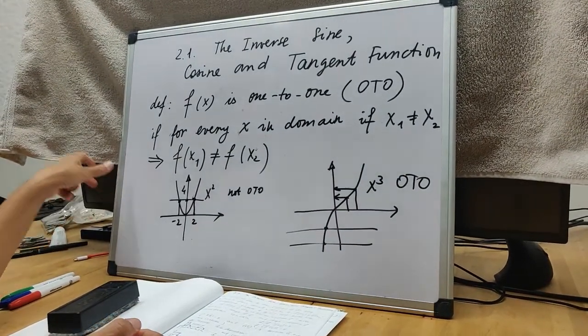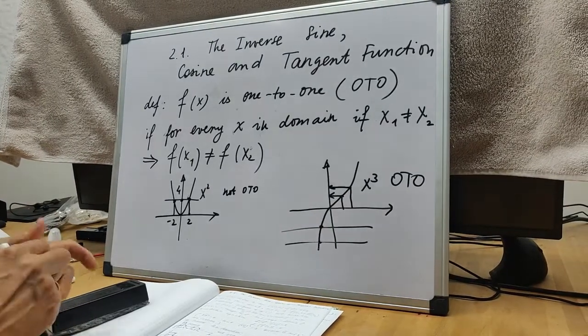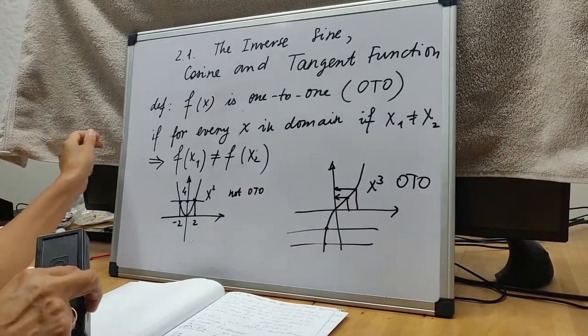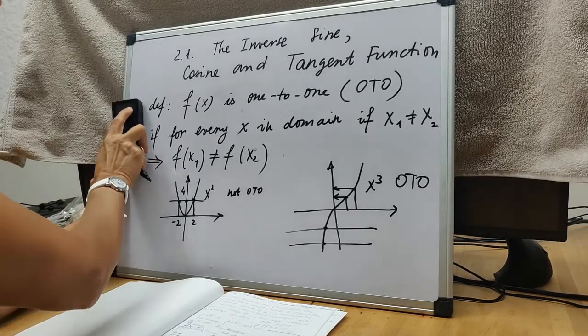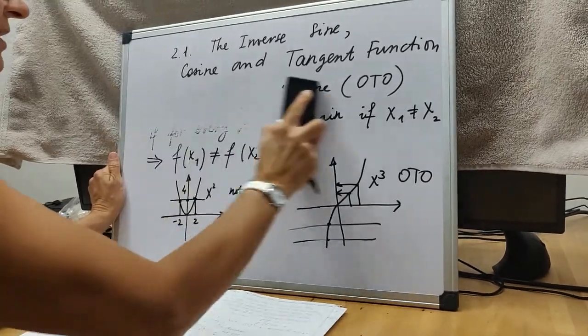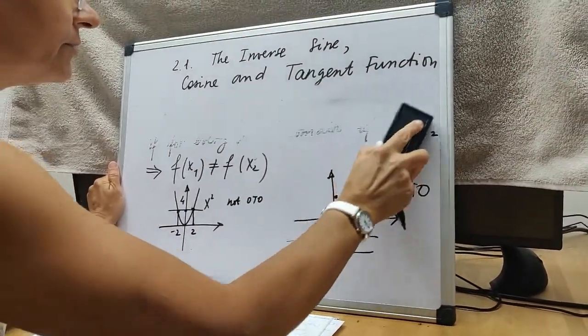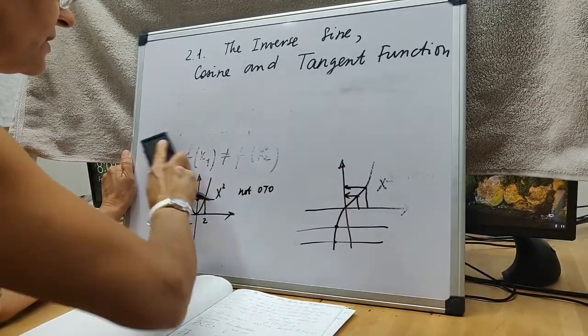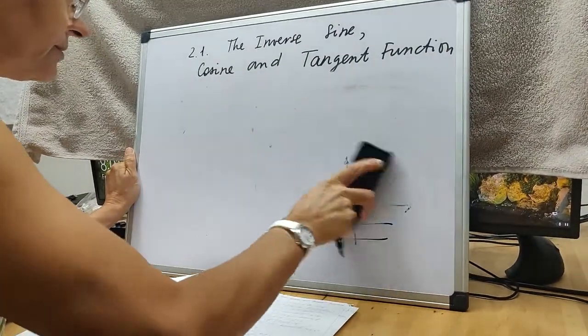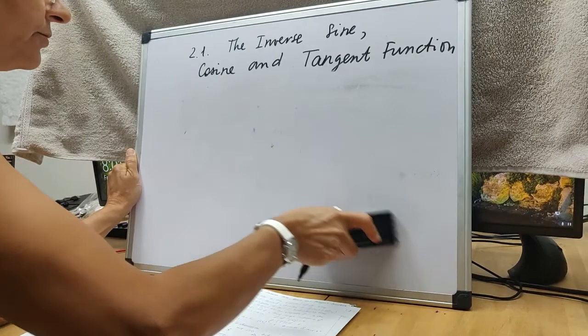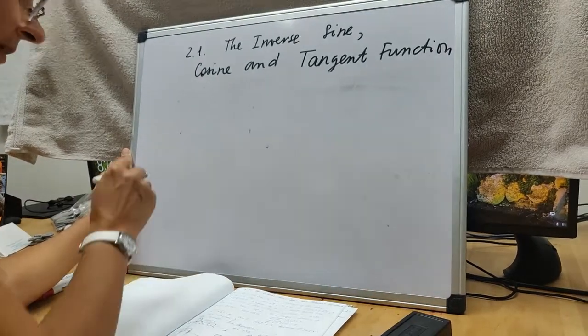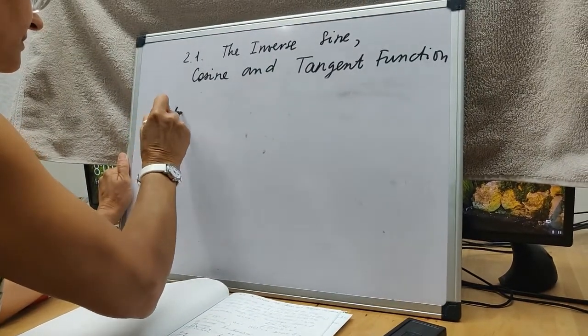Okay, let's do a review. Why do we need one-to-one functions? One-to-one functions have one special property. If f of x is one-to-one, it's going to have an inverse. Let me erase these examples of one-to-one and not one-to-one. And so, second definition.